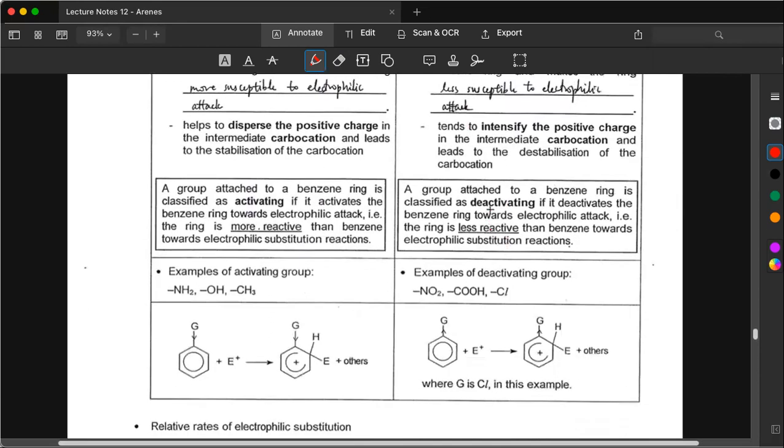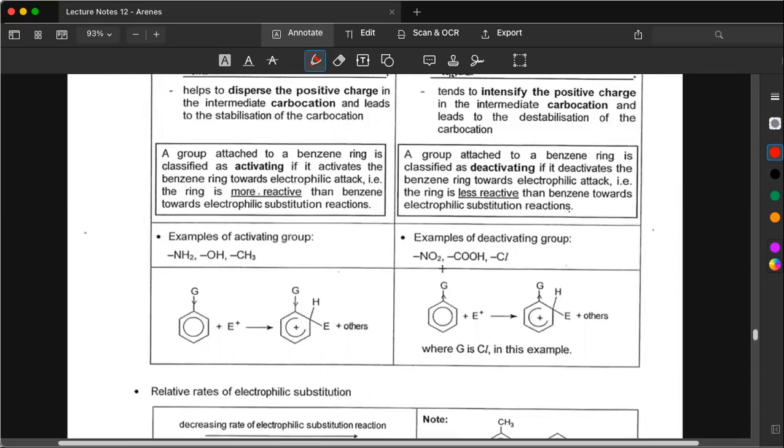The group attached to the benzene ring is classified as deactivating if it makes the ring less reactive than benzene towards electrophilic substitution. Examples are your NO2, COOH, Cl. They withdraw electrons because of their high electronegativity.